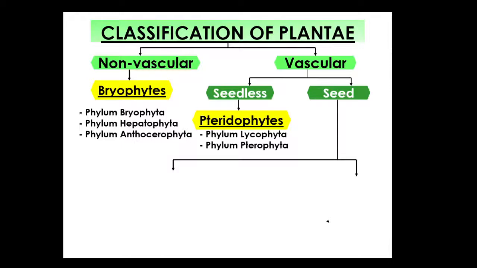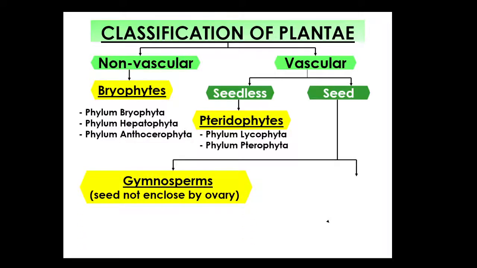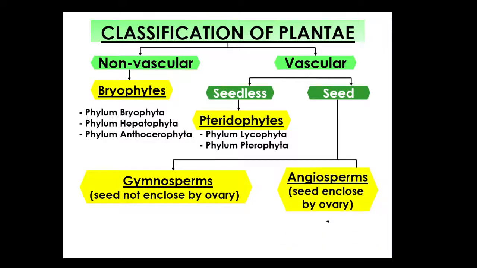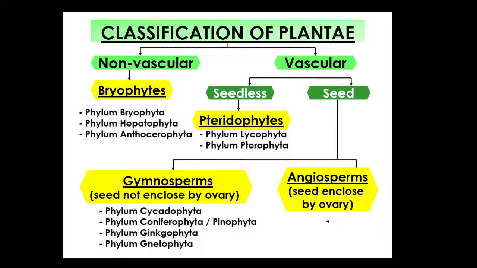If your plant does have a vascular system and it does produce seed, then we can divide it into two more groups: the gymnosperms, where the seeds are naked, not enclosed by an ovary, or if their seeds are enclosed by an ovary, it is a protected seed, then it is an angiosperm. So there are two groups if it's seeded: gymnosperms for naked seeds, angiosperms for protected seeds.